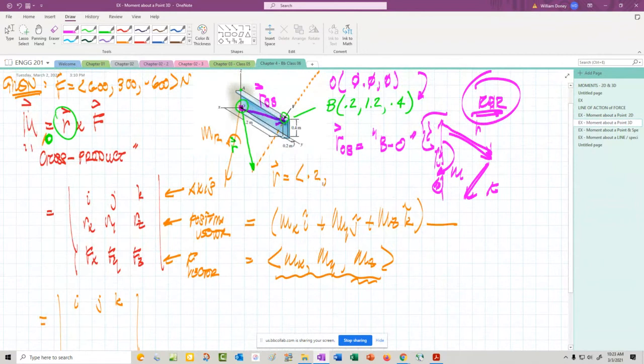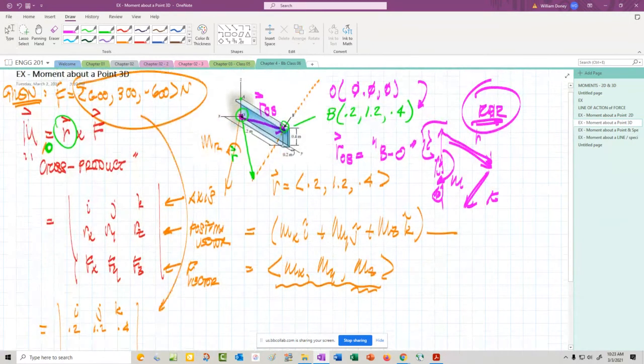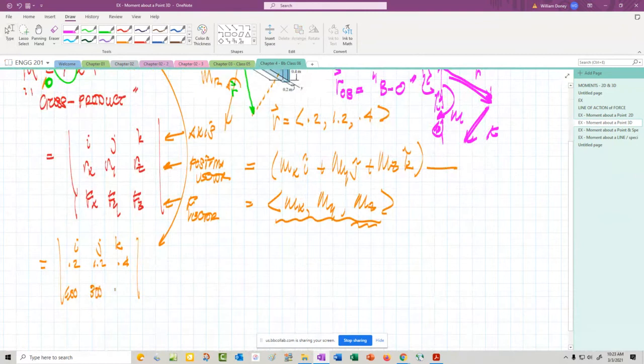B coordinates, that's going to be 0.2, 1.2, and 0.4. And then the force, we're already given, so I can just drop that right in there: 600, 300, minus 600. All right, that's the setup. That's 90% of the problem right there. The rest is solving that.